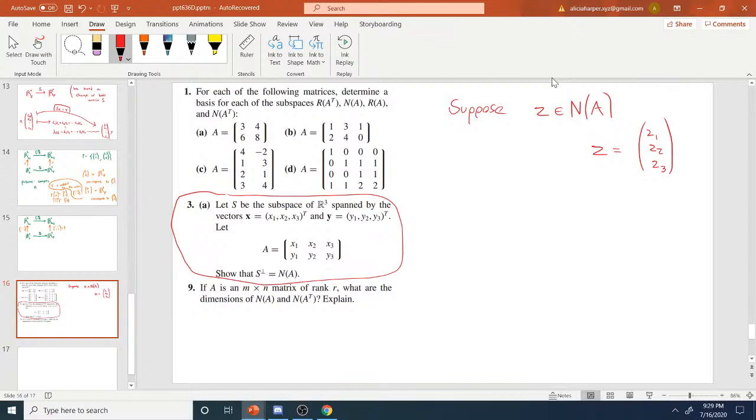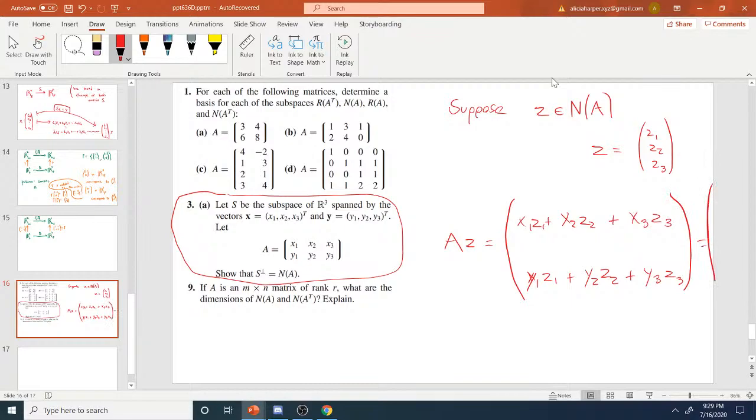Then A times z is equal to the vector with x1 z1 plus x2 z2 plus x3 z3 on top, and then down here y1 z1 plus y2 z2 plus y3 z3. And this is going to be equal to the vector (0, 0).